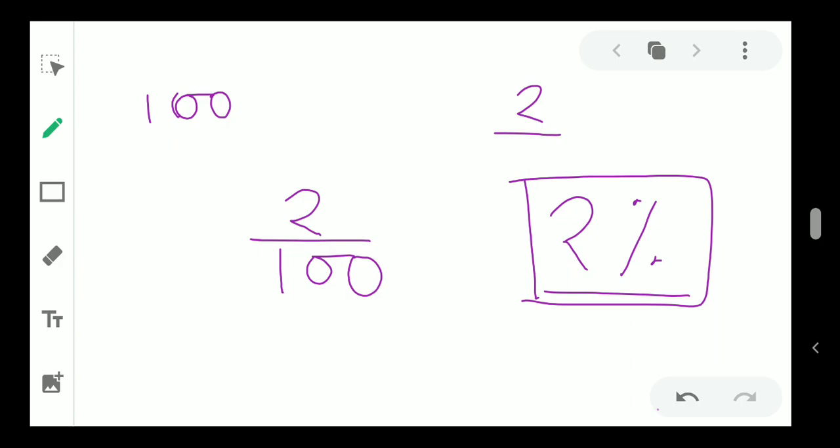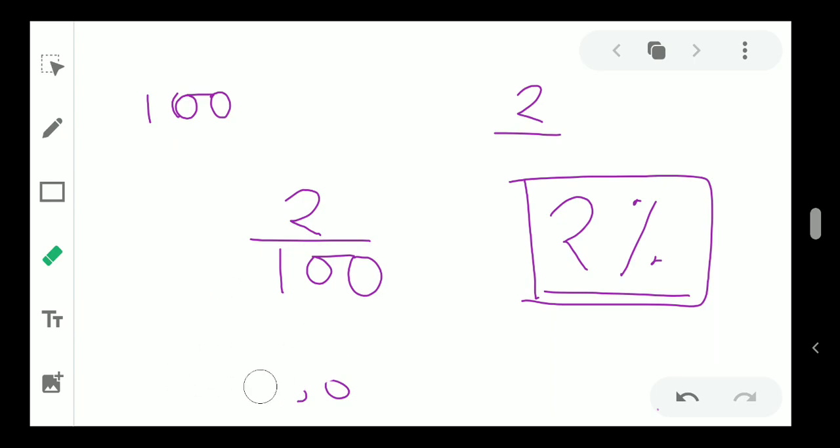So anything you find out of 100 is called your percentage. Percentage means something by 100. Very easy, you can understand it this way. I know that you can obviously simplify this by cancelling, so it will be 1 by 50, but I'm not going into that.